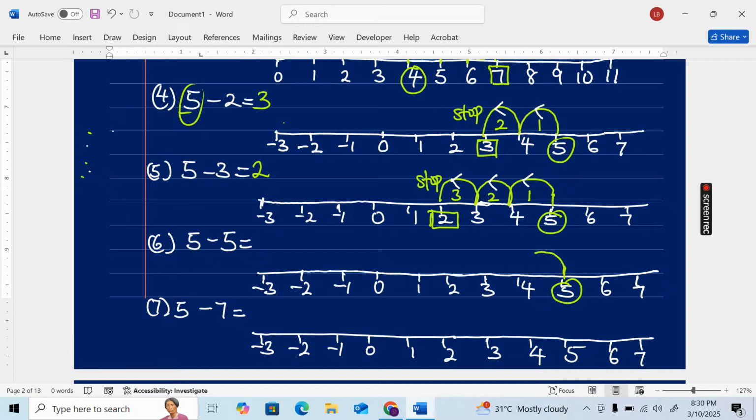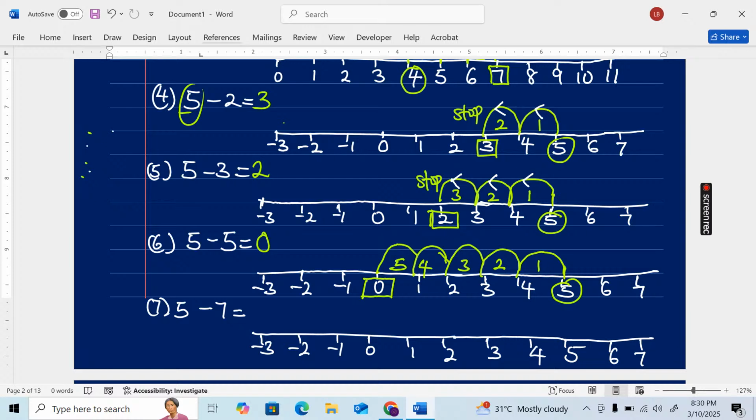So let's do it together. 1, 2, 3, 4, and 5. We stopped counting at 0. Write 0 as your number. Show the number of times that you counted, writing the numbers on the curve.